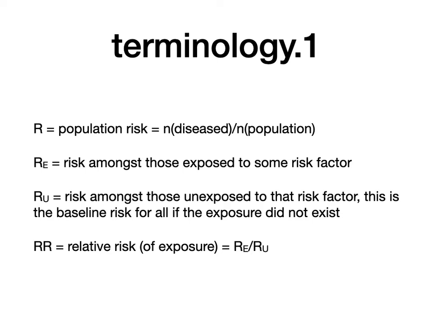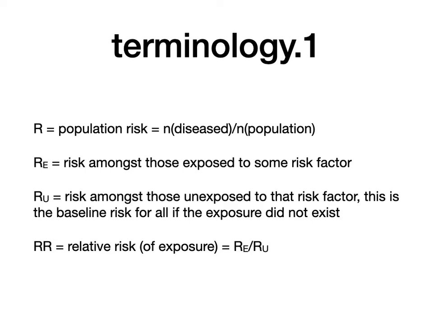So if I have the rate of disease amongst people who were not exposed to the insult or to the mechanism or whatever you want to call it, to the bacillus that is of interest, then I have the baseline risk to the population at large.